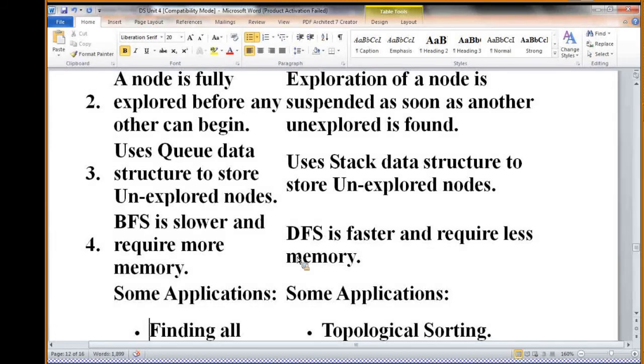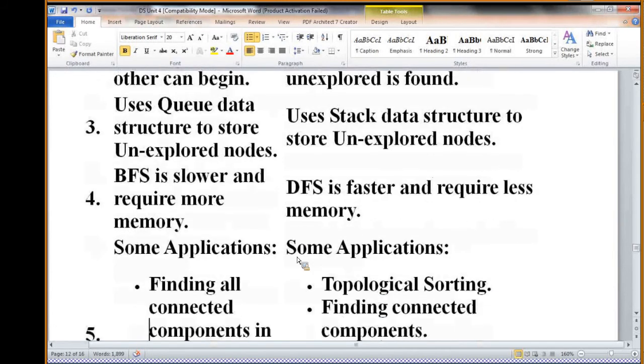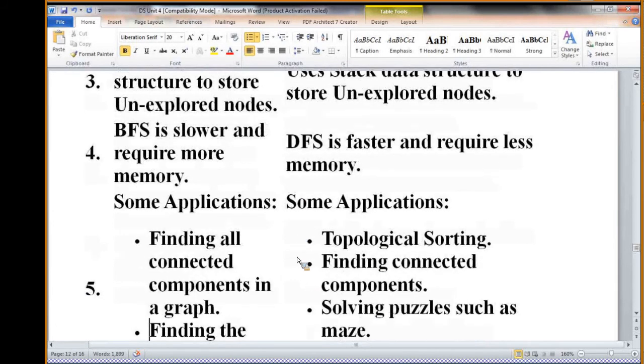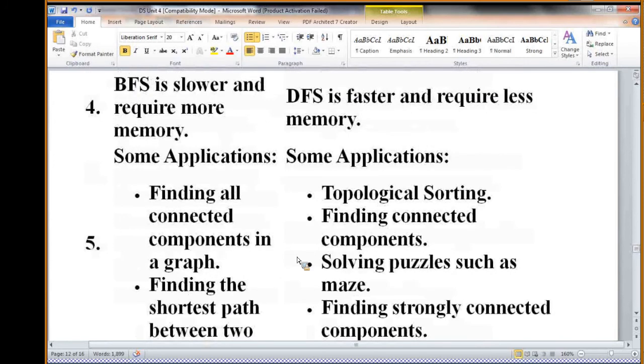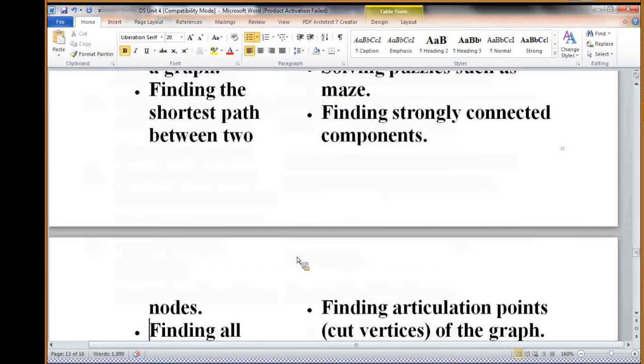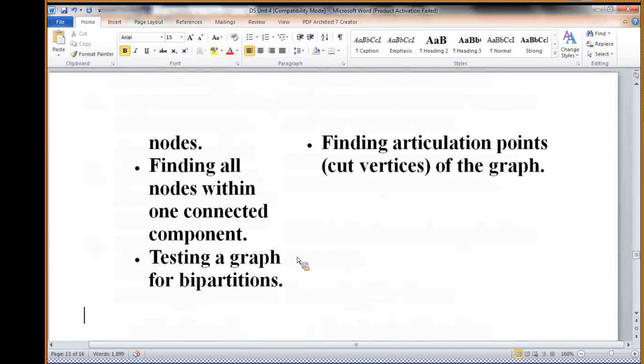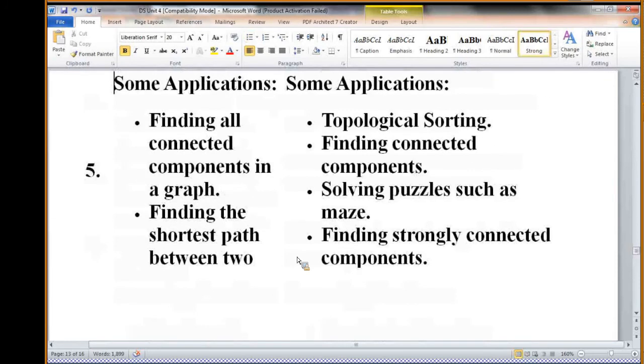And after the fourth one, we have given applications of BFS and DFS. Completely, there are 4 applications I have given. These 4 are not limited. There are so many day-to-day applications using BFS and DFS. Recently, mostly in machine learning and artificial intelligence also. So these applications are increasing day by day.